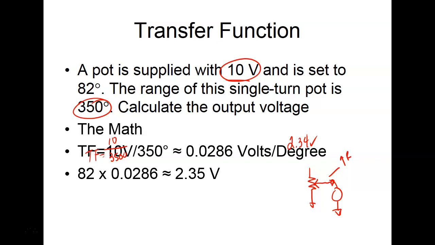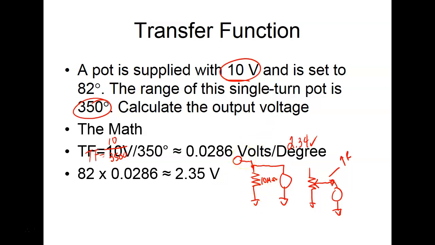Anytime we hook something in parallel, everything has an opposition, right? So if this was a 10 mega ohm resistor and I hook my meter in parallel with that, and then I put voltage on this and try to measure it.